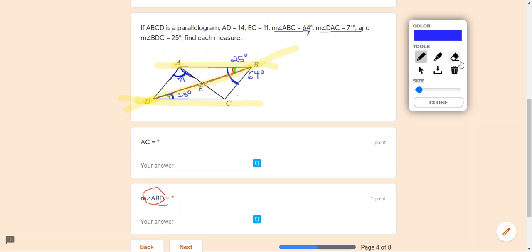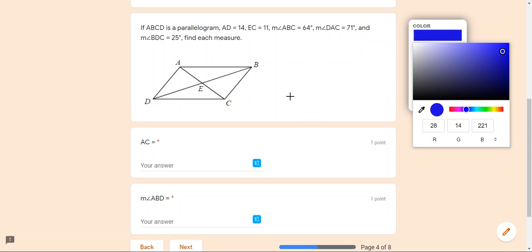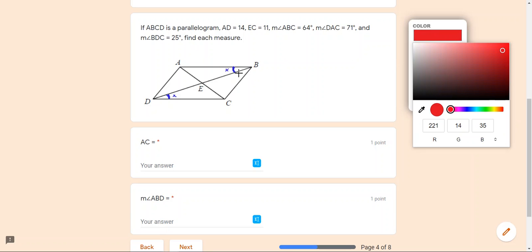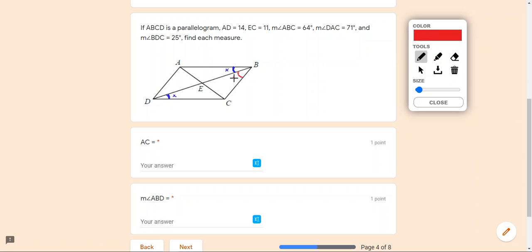Okay. Now, when we're looking at that, there are a couple of broad things to know. In a parallelogram, the small interior angles formed by the diagonal are always going to be congruent to each other. So x is always going to be congruent to x, right? And y is always going to be congruent to y. Okay, alternate interior, and that goes for both sets.